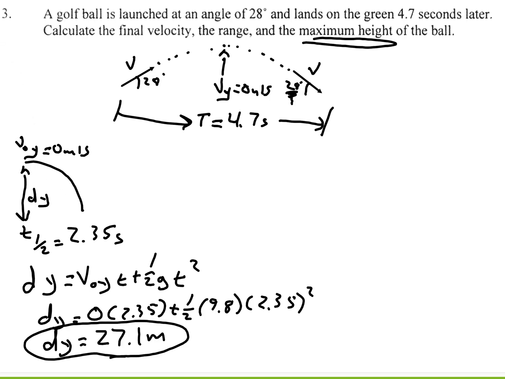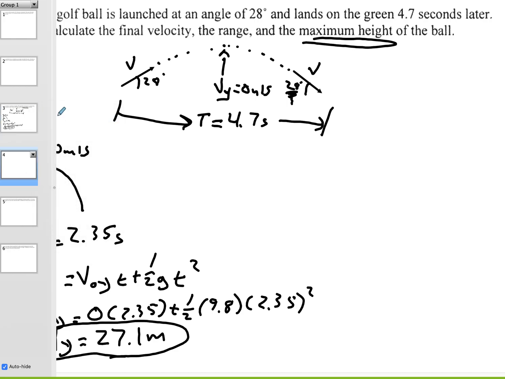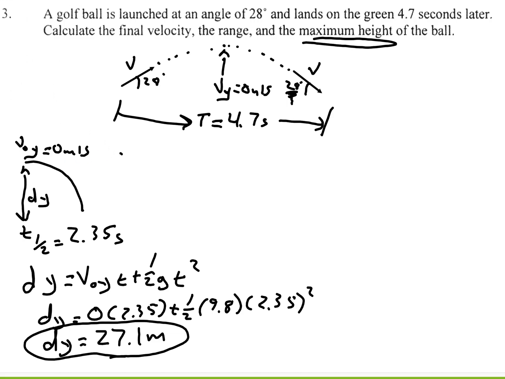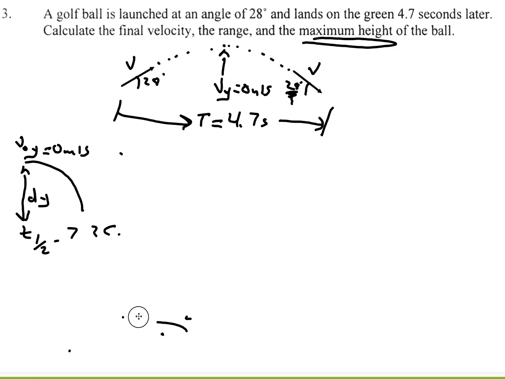Now I'm going to clone this page, because I'm running out of space. So now we know dy is 27. I'm going to erase that just to try to get myself some space. I'll rewrite that time.